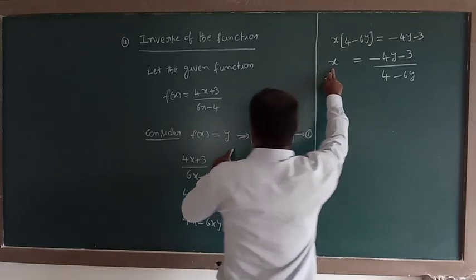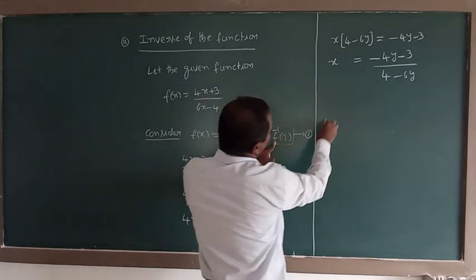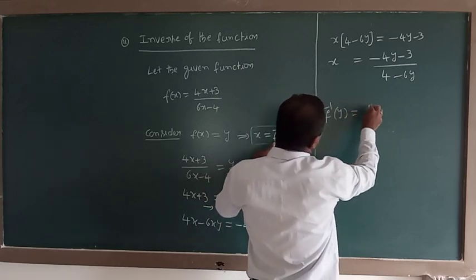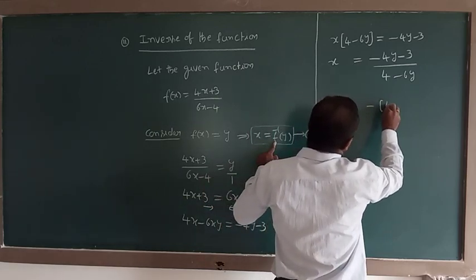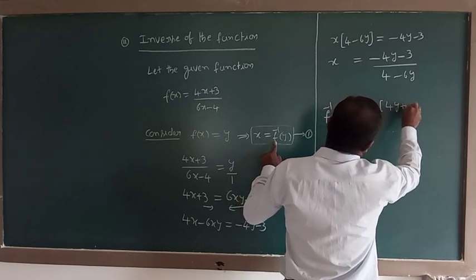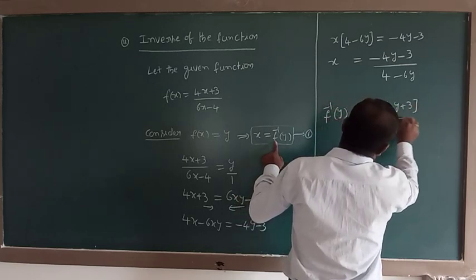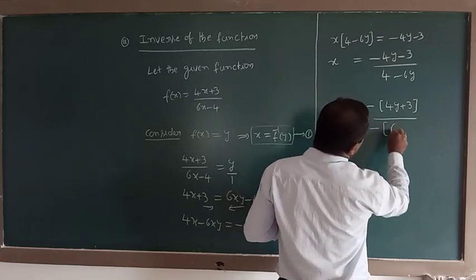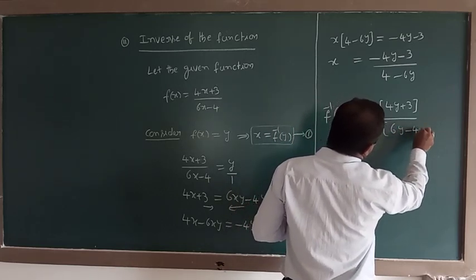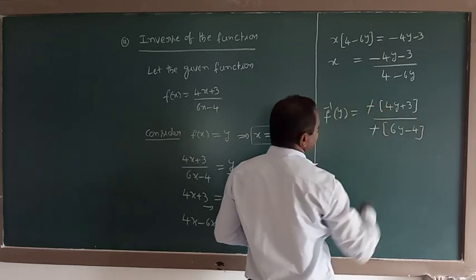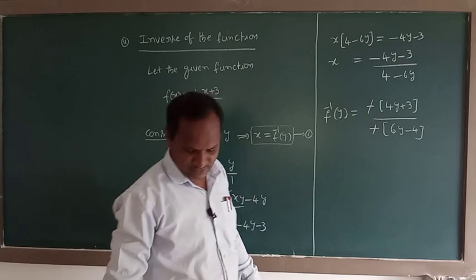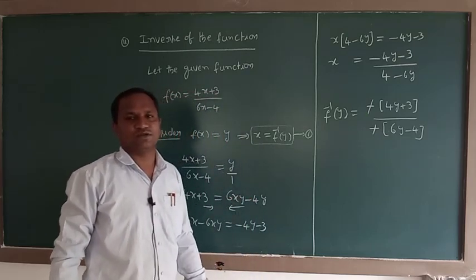In place of x from equation 1 we consider f inverse of y is equal to minus, take common from numerator, you will get (4y plus 3) whole divided by, take minus common from denominator also, it becomes (6y minus 4), and minus gets cancelled here. Y terms are there, but they asked the problem in terms of x.